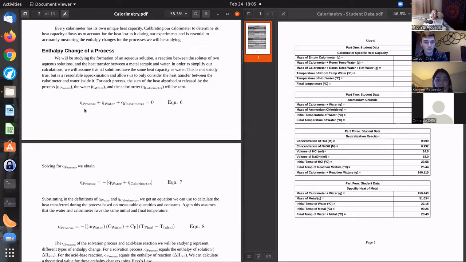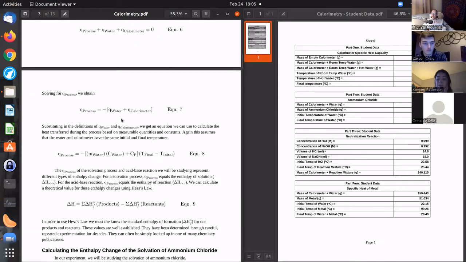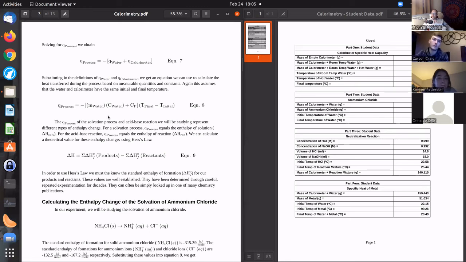And what I'm saying is that Q process plus the heat exchange of the water plus the heat that goes into the calorimeter is all going to equal 0. And that assumption is that there's no heat lost outside of the calorimeter. Okay. And then I go through a little derivation here, and then I come down to this equation right here. And this is really your important one. This is the one that you're going to use to solve all the next 3 sections here. Okay.